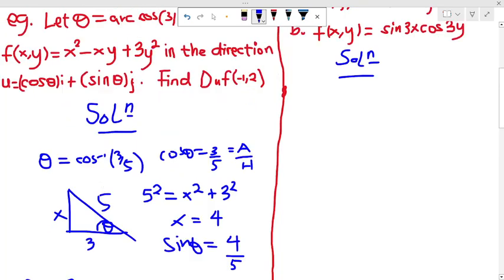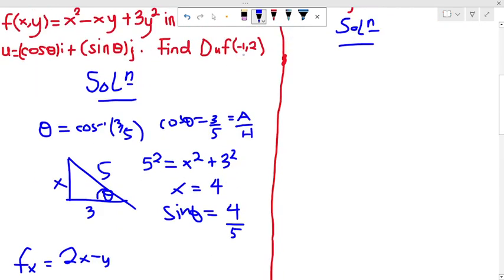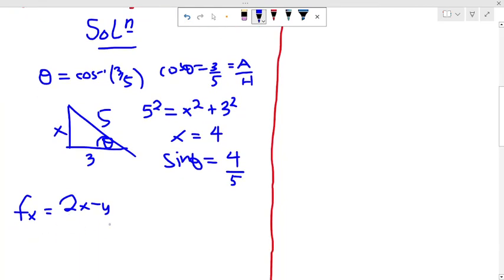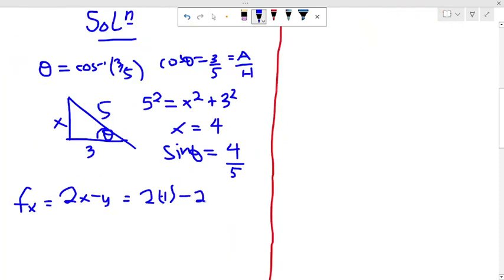Differentiating 3y squared, because y is constant, we count 0. Now with our point, negative 1, 2, putting in our points we have negative 2 minus 2, which gives us negative 4.